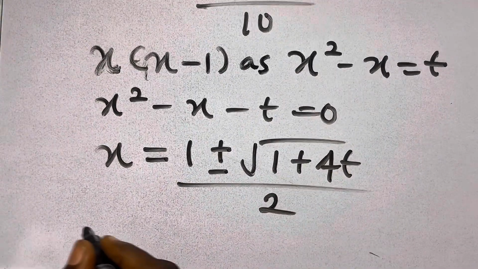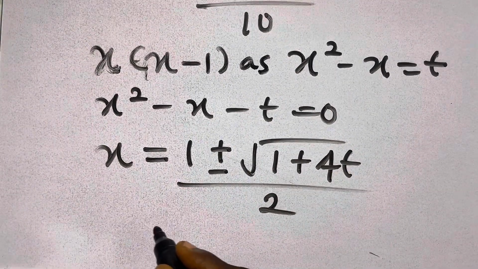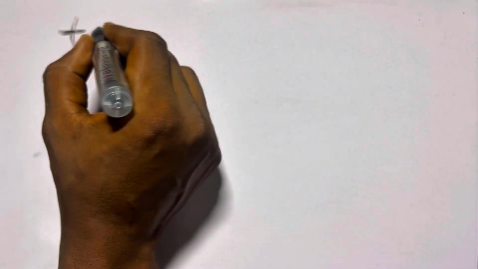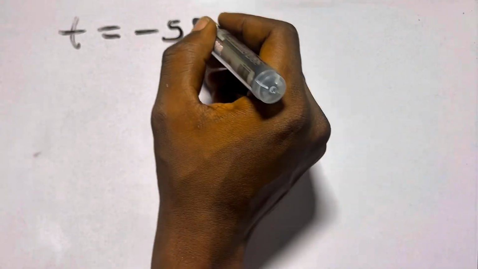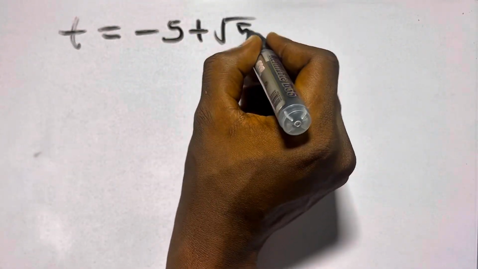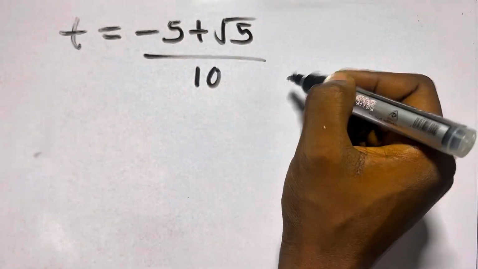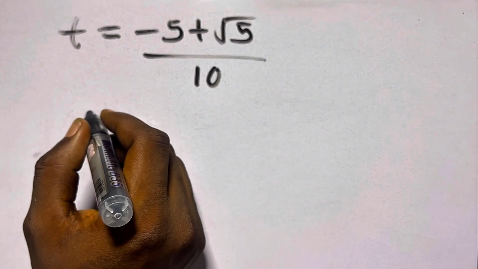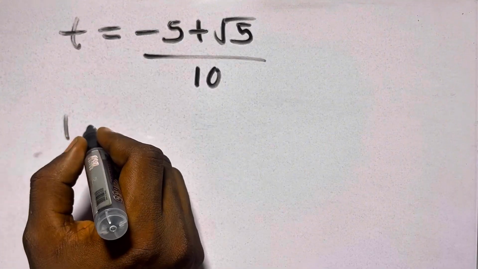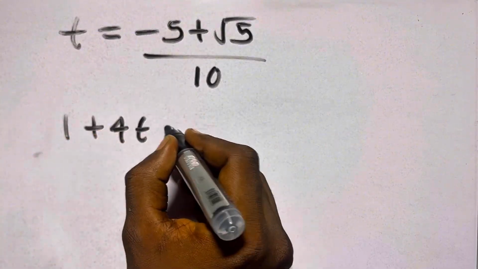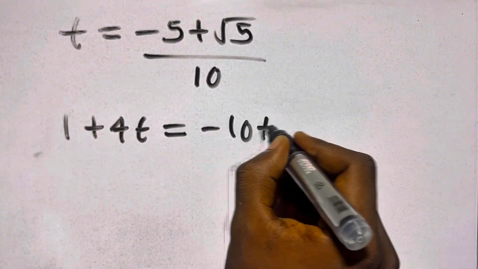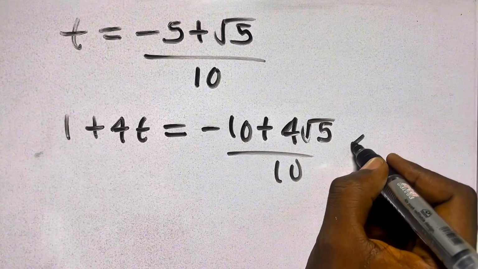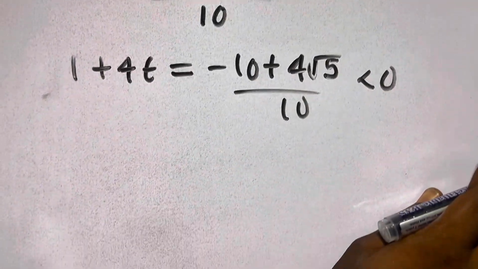Now, let me clean this and open another page. If t equals (minus 5 plus or minus square root of 5) divided by 10, so one of the roots, then we are going to find the discriminant. So 1 plus 4t equals (minus 10 plus 4 root 5) divided by 10, and this has a condition that it is less than 0.